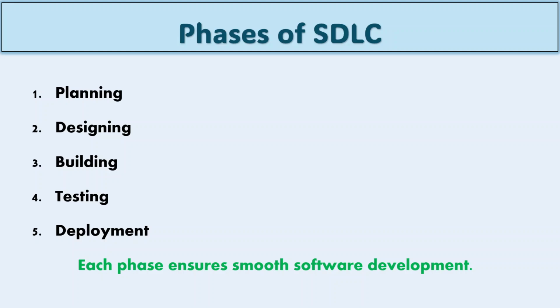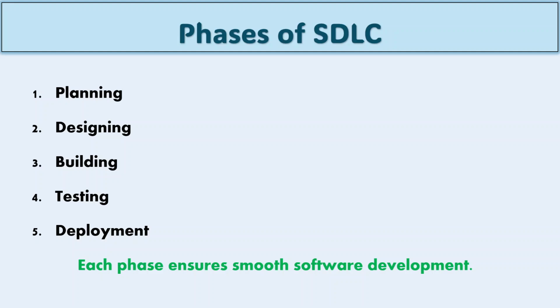Now let's look into these phases in detail. First is the planning phase. In the planning phase, we will start understanding the project requirements. Next is our designing phase. In the designing phase, we will be creating a system architecture and the blueprints. In the building phase, our developers will start writing the code and integrating the code.